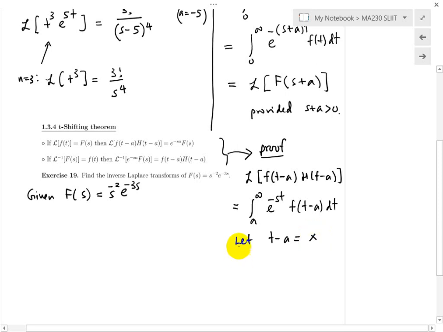So what are the limits? When t equals a, you get x equals 0. T goes to infinity, so x goes to infinity. And dt is dx.